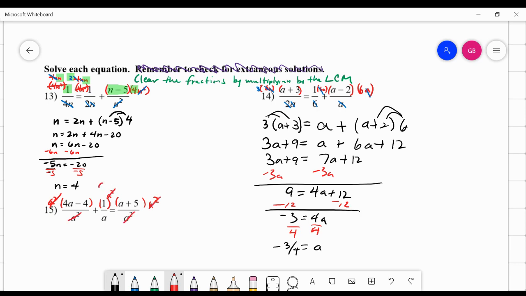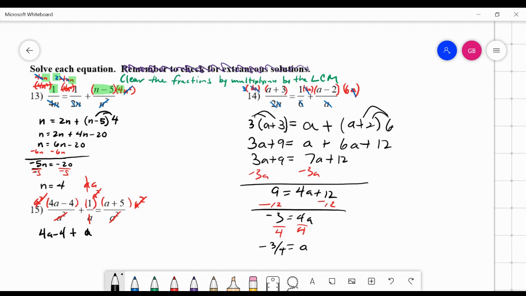Now remember that a squared is a times a, so one of the a's goes away. So you're left with 4a minus 4 is equal to a plus 5.